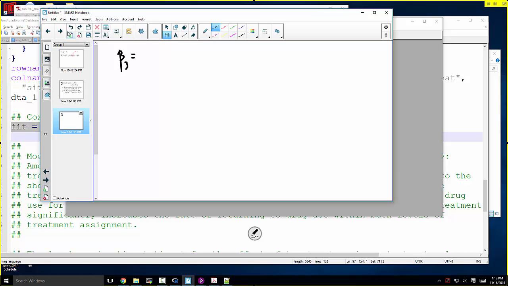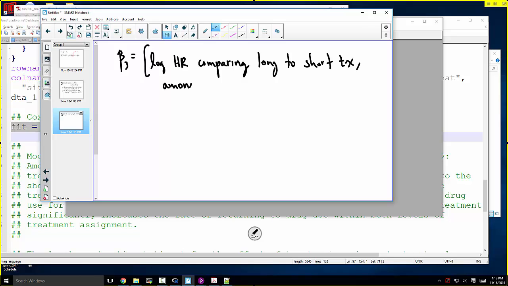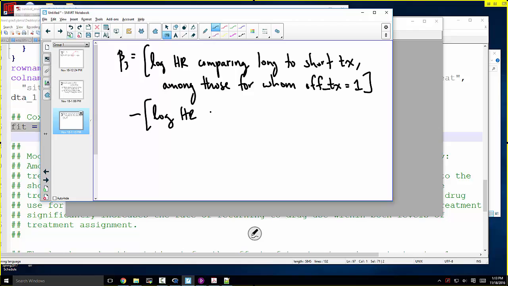So I could write it like it's the log hazard ratio comparing long to short treatment among those for whom off treatment is 1, minus the log hazard ratio comparing long to short treatment among those for whom off treatment is 0.